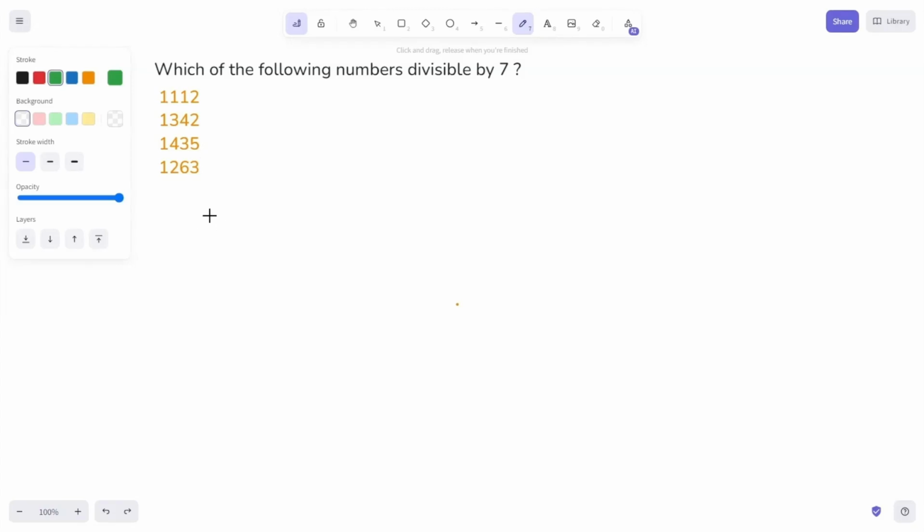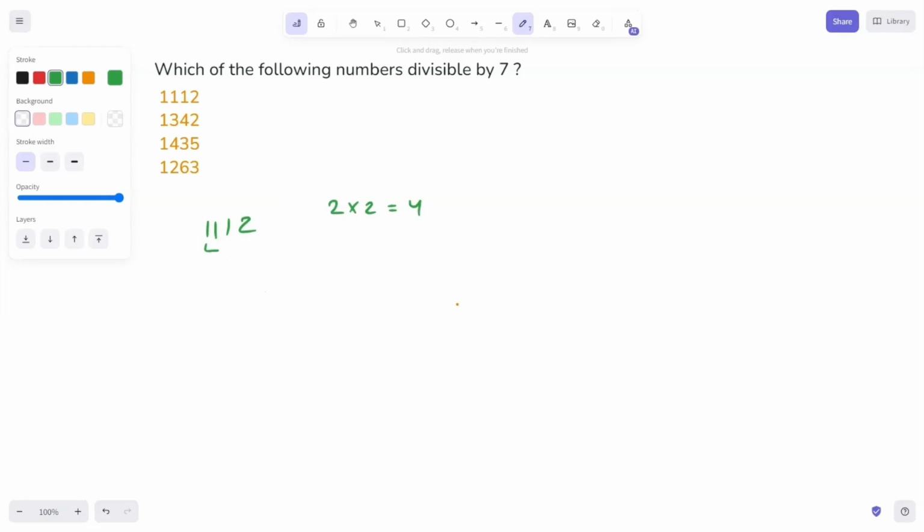Even if you don't know the divisibility rule of 7, I'm telling you: take 1112. The rule says to double the last digit and subtract it from the remaining digits. The last digit is 2, and doubling it gives 4.